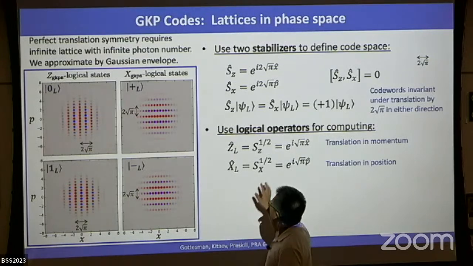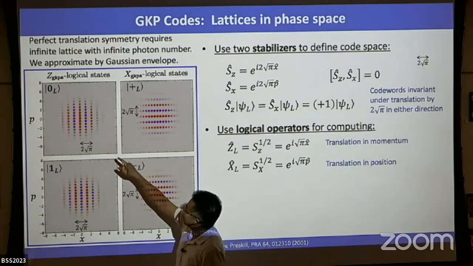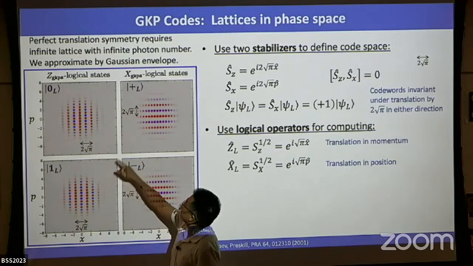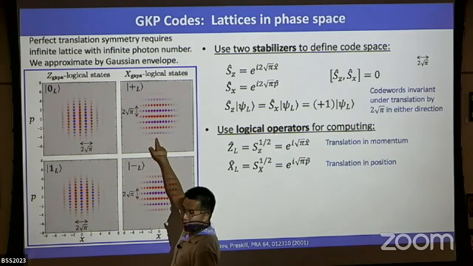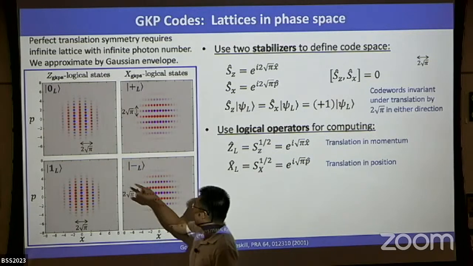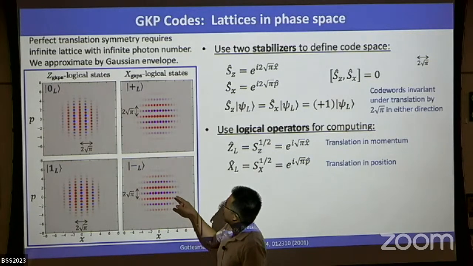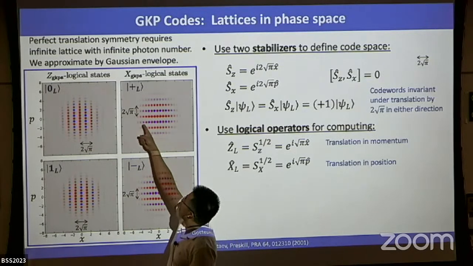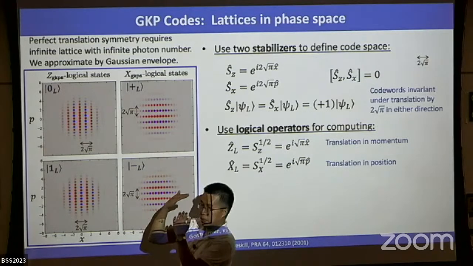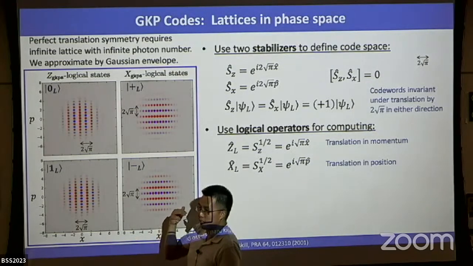Now, what if you make a superposition of these two? In the Wigner function, you can literally add up those things. This is the lattice you get, which is the logical plus. And if you take 0 minus 1, that's the lattice you get. Now if you look at the pattern on this plus lattice, it's a superposition of infinitely squeezed states along the horizontal direction.